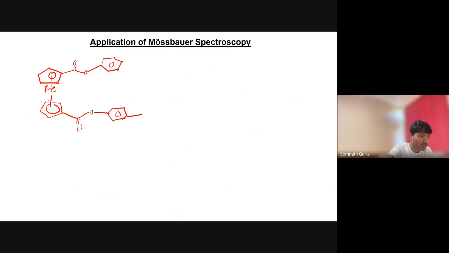Okay, and then we have a porphyrin over here, TPP. That is the structure. I can draw it over here.